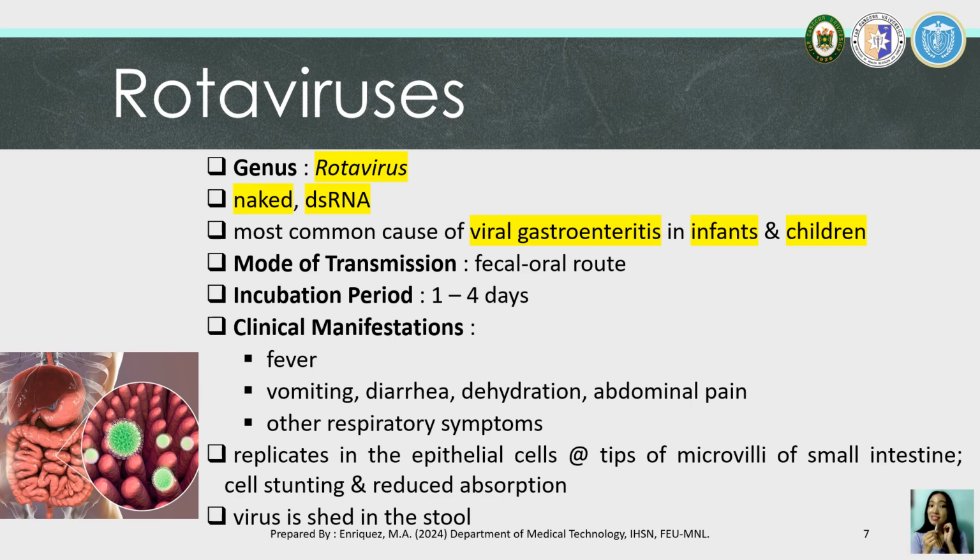Okay, so when we say stunted, it means that the cells would fail to grow or develop properly, and since hindi po nag-develop ng maayos yung mga cells, no? Hindi rin po nila magagawa ng maayos yung primary function nila, which is to absorb water and nutrients. All right, so that is why absorption is reduced.